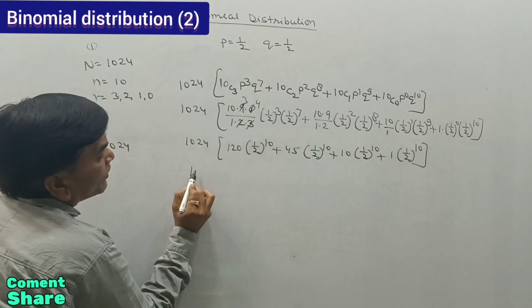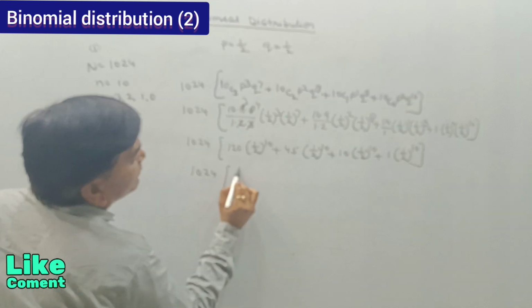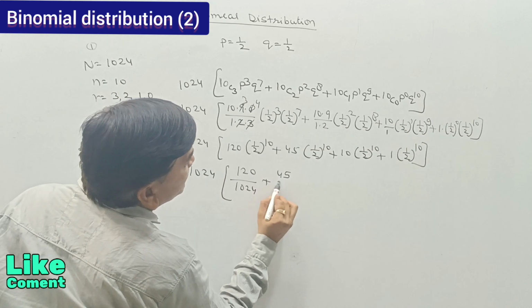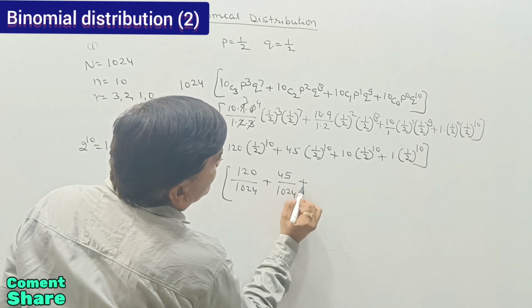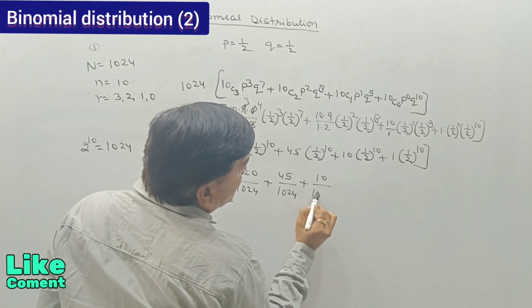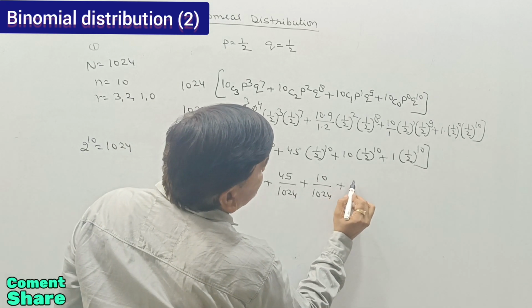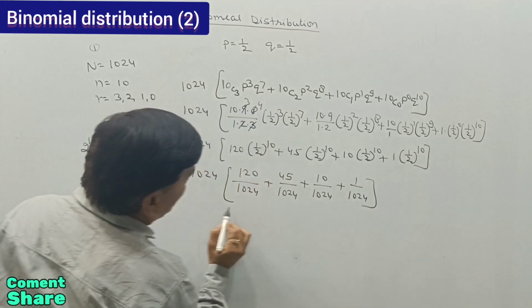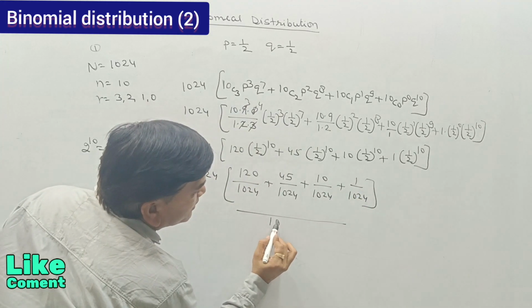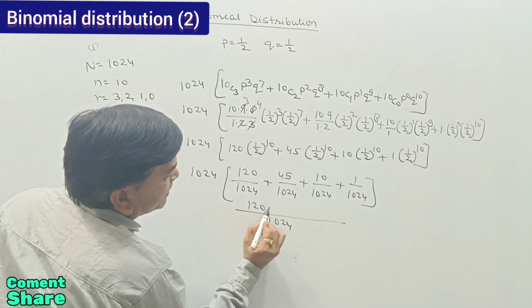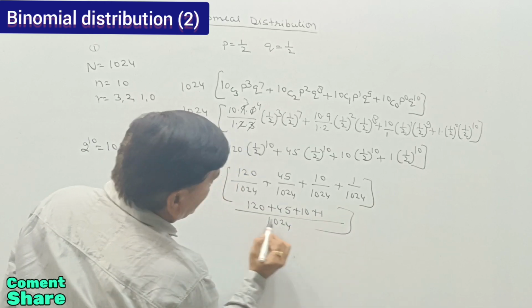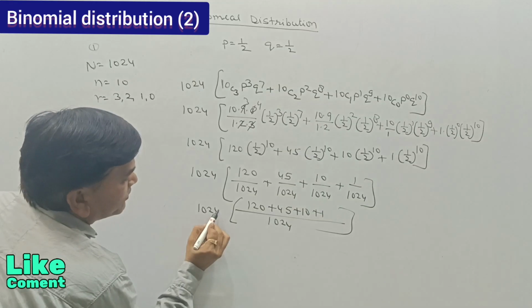That is 120 over 1024, plus 45 over 1024, plus 10 over 1024, plus 1 over 1024. Taking the LCM of 1024, we have 120 plus 45 plus 10 plus 1.